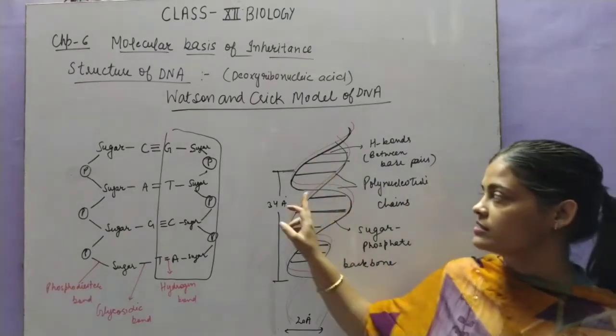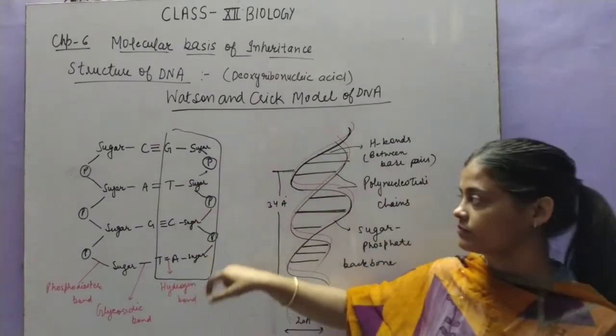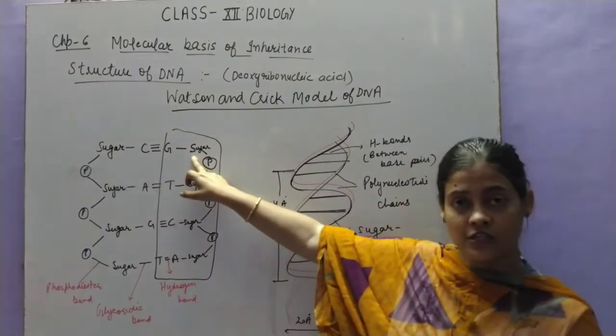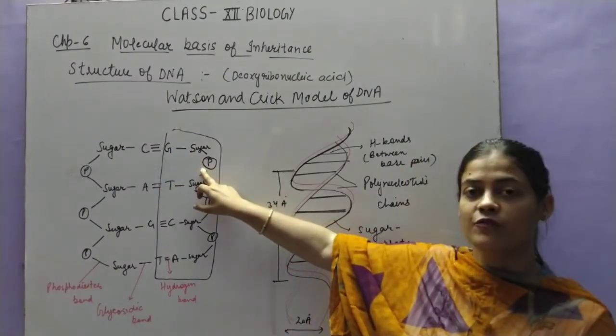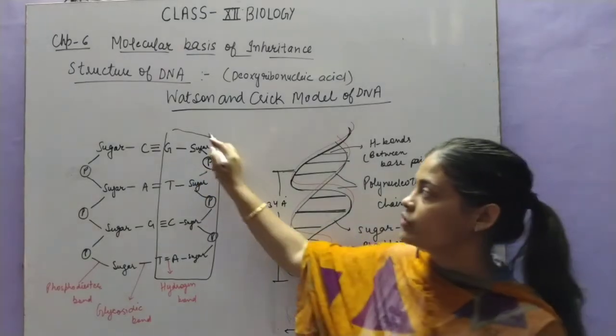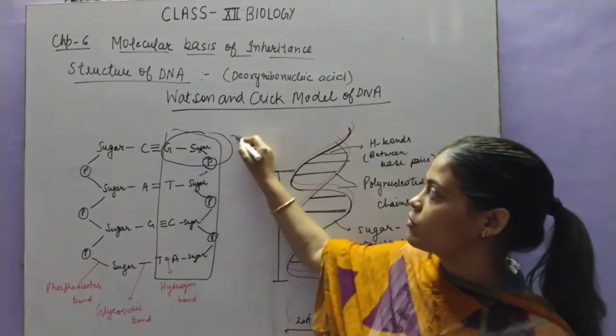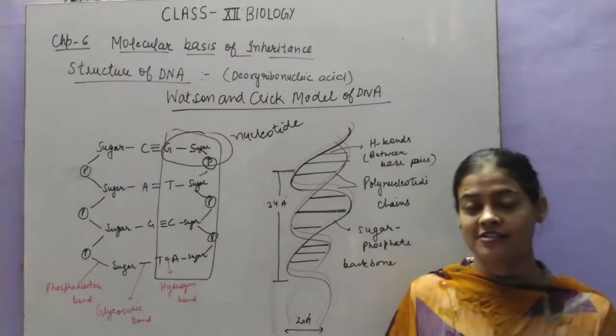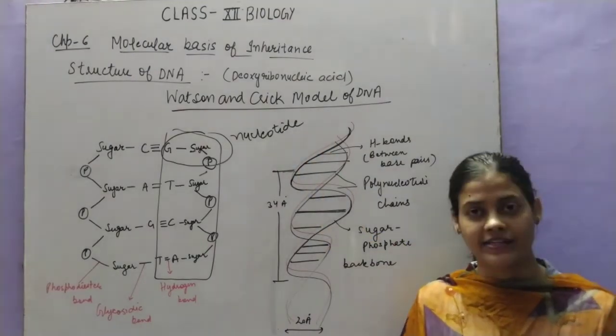It has this nitrogenous base, one sugar and one phosphate group. Okay, so this complete structure is called nucleotide.